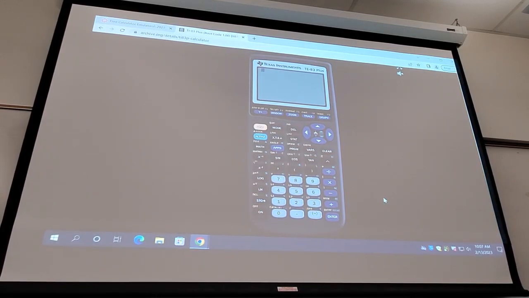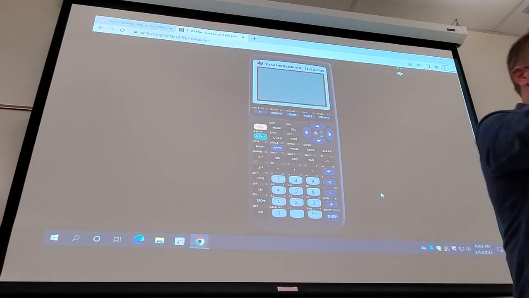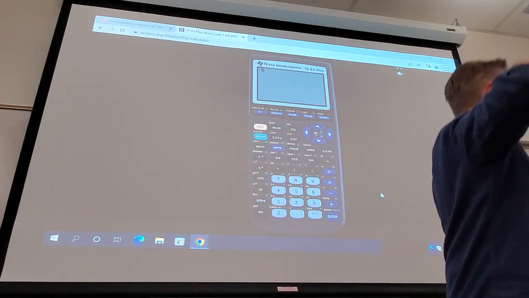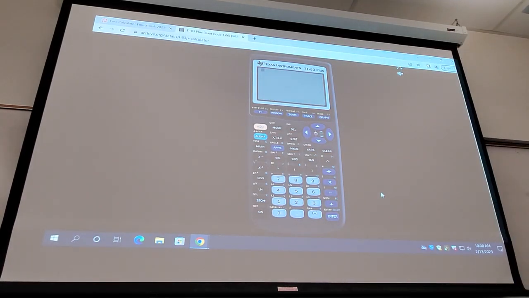Which class are you in? The 160. Okay, 160. So here, let me give you this. I have one for algebra students and one for stat students. Basically, if you've not used this much, it works the same way as a scientific calculator.